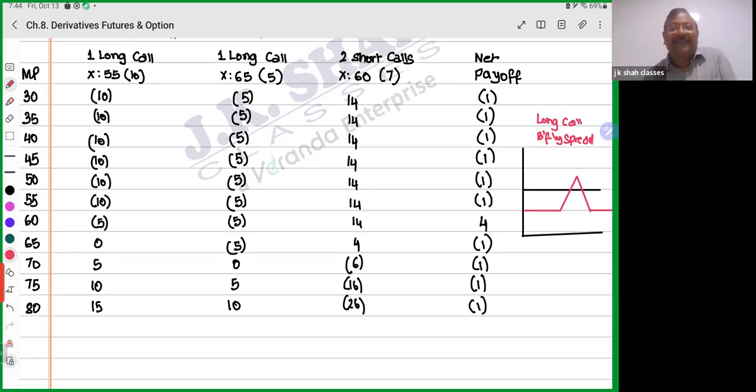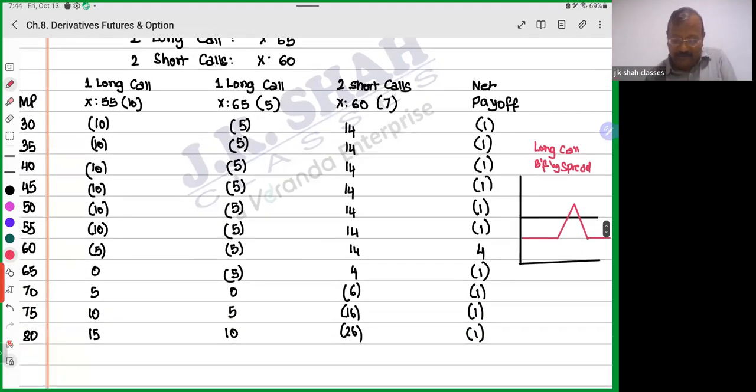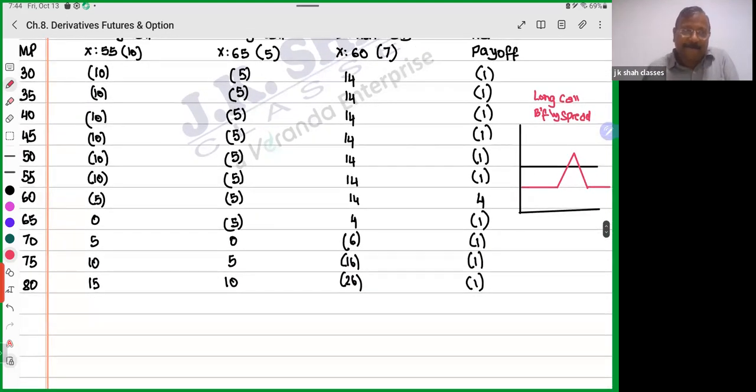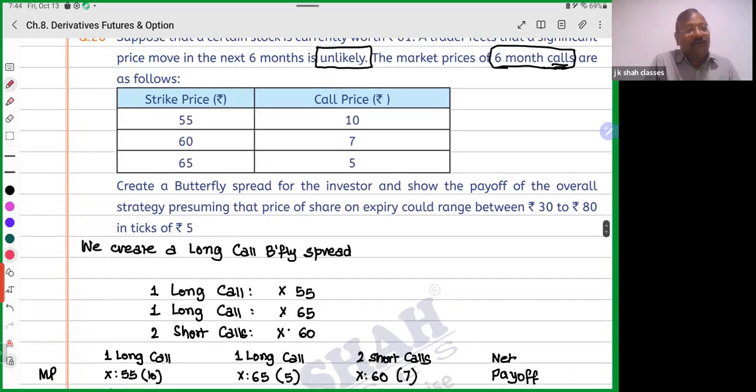Now, one query would be in your minds based on this. Sir, from the question, how did you know that we create a long call butterfly spread? Because the question is very silent, no? It just says create a butterfly spread.